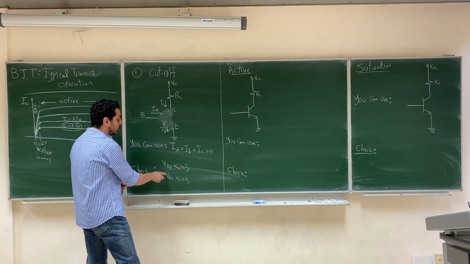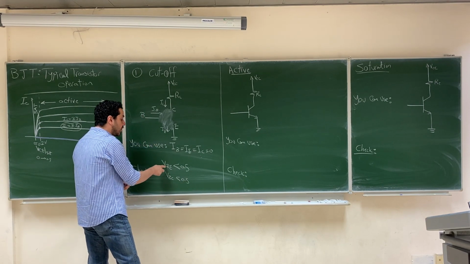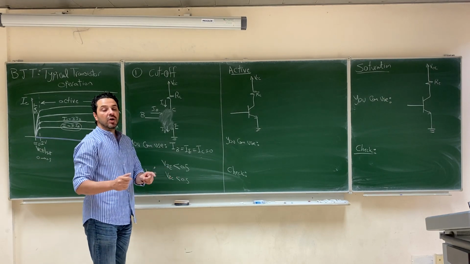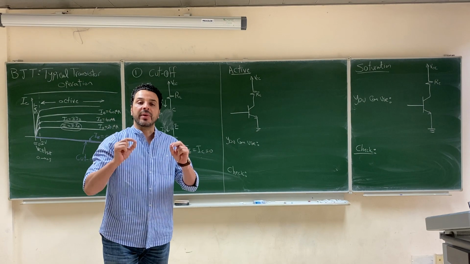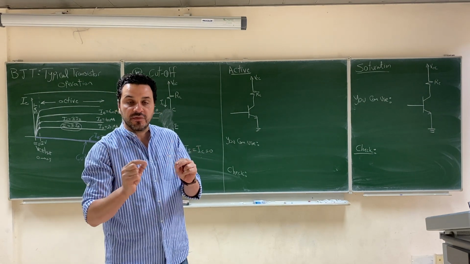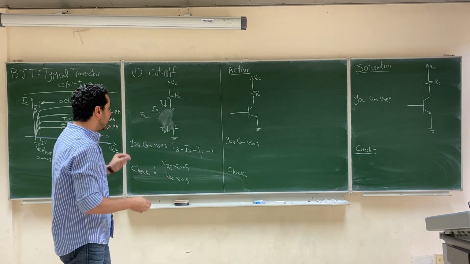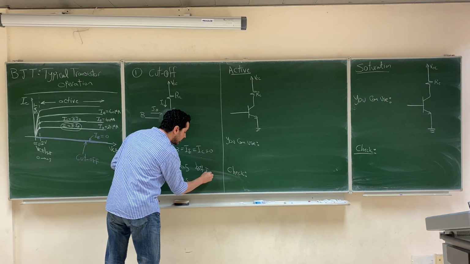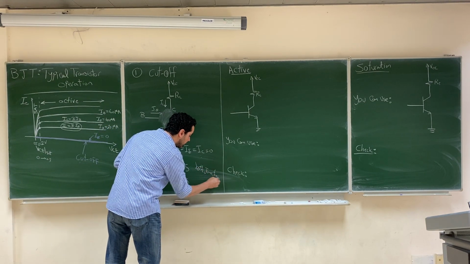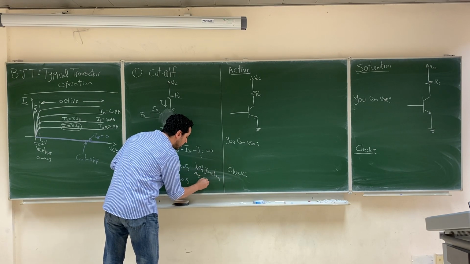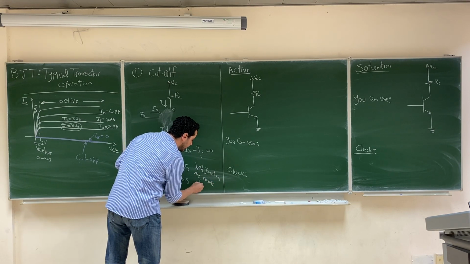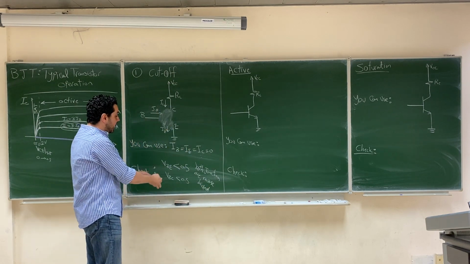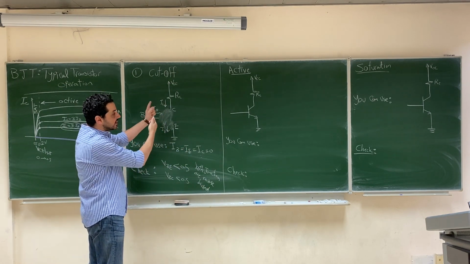So if the voltages on both junctions are less than the operating voltage of 0.5, then both junctions are reverse biased. Okay? And you can apply this to any circuit, not necessarily the circuit that I'm plotting here.